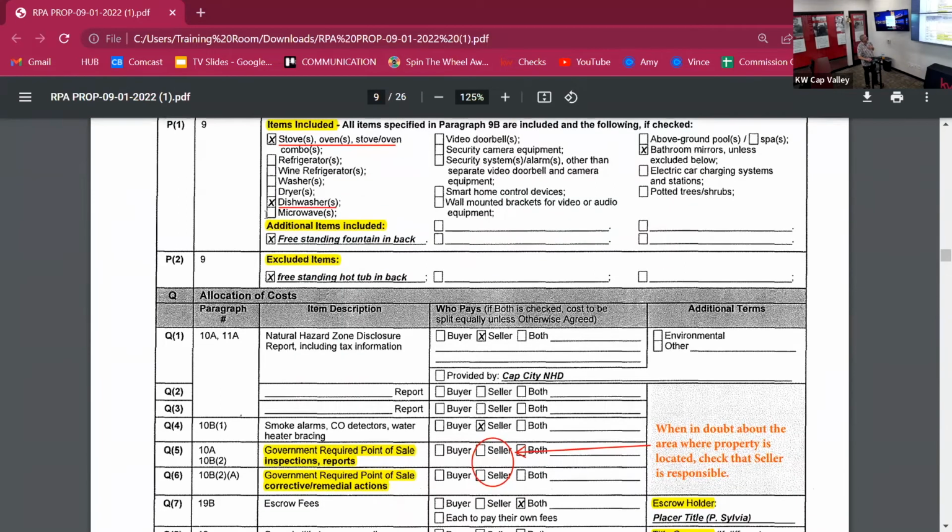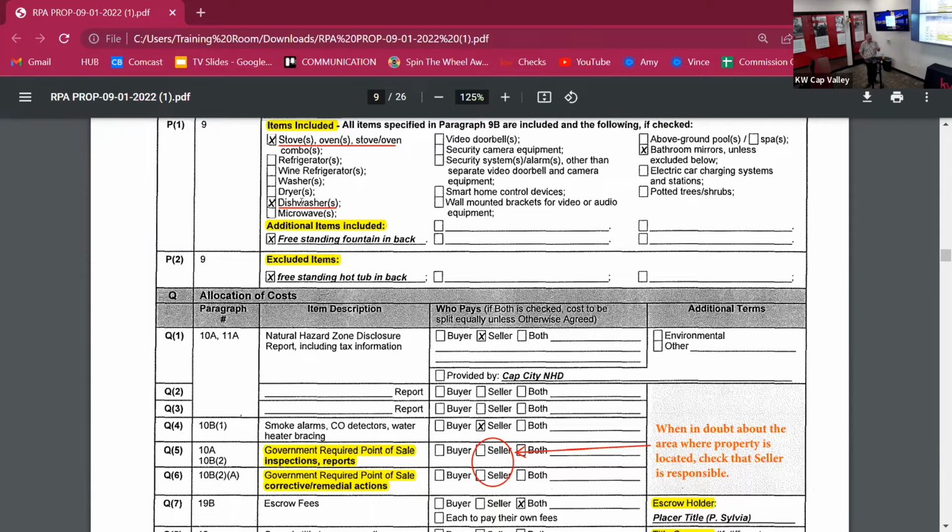So, this section is very self-explanatory. And unlike the MLS, this is actually the binding contract portion. People put all sorts of stuff in the MLS. They'll say, yeah, refrigerators included, or the chandelier in the dining room is not included, but will be replaced by the seller.